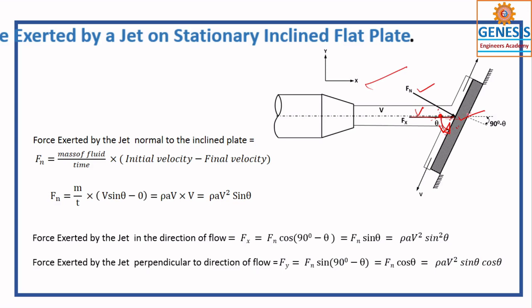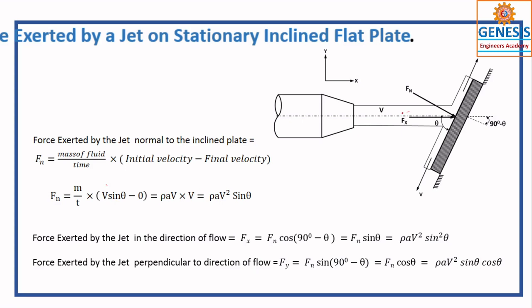This is the theta. Using this and having the knowledge of engineering mechanics, that is resolving the forces into perpendicular and horizontal, or vertical and horizontal components, I have used the same technique.